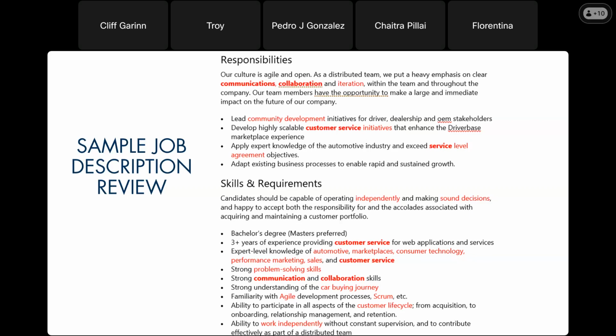One other question from Pedro: would you focus more on requirements or responsibilities? Well, you want to use a little bit of a mix. The responsibilities can help you write your summary of qualifications at the top. That could be a good use of those responsibilities, that top part of the resume, to help write your summary.